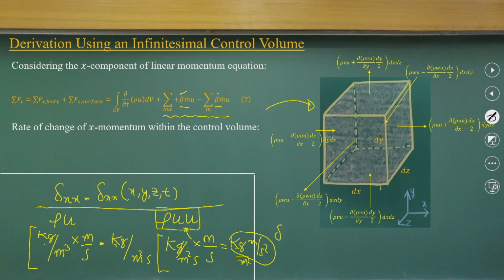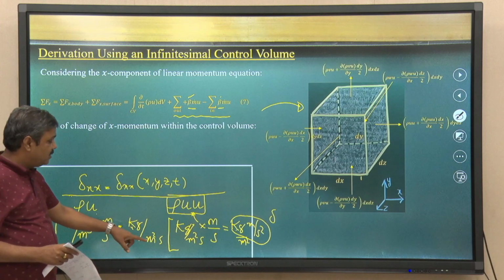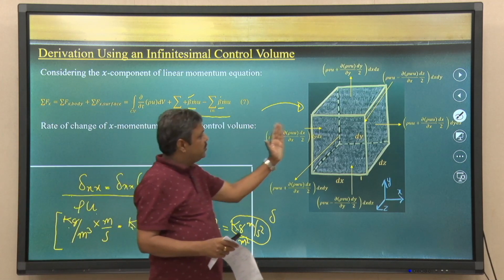I am getting it because the momentum flux is coming from this rho u component going in this direction. Try to understand it by looking at the unit of this part. The rho u is a mass flux, kg per second per unit area, coming from this surface.